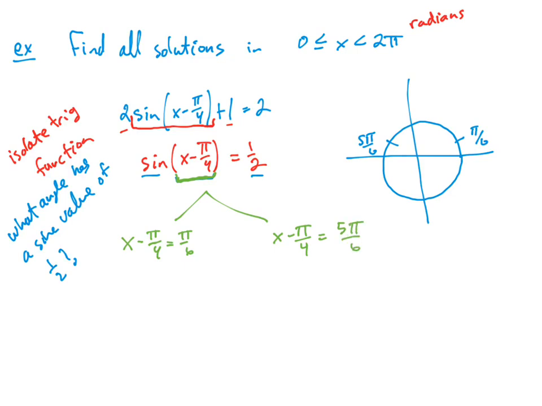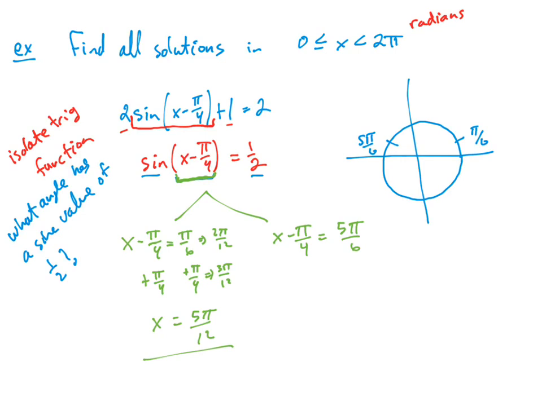And so from there, we just solve each of these little equations. So I'm going to add pi over 4 to both sides. And getting a common denominator, pi over 6 is 2 pi over 12. Pi over 4 is 3 pi over 12. So we end up with 5 pi over 12 for our first answer.